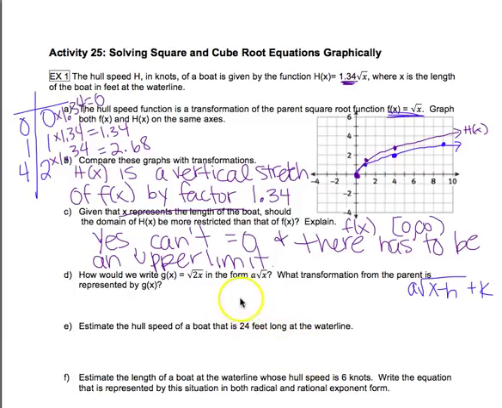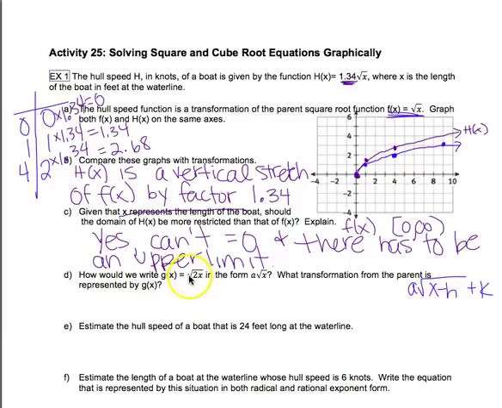And so I told you, don't list horizontal shrink or stretch as a transformation on these radical functions because we aren't going to have them. The reason we don't have them is because of this question that we have right here.